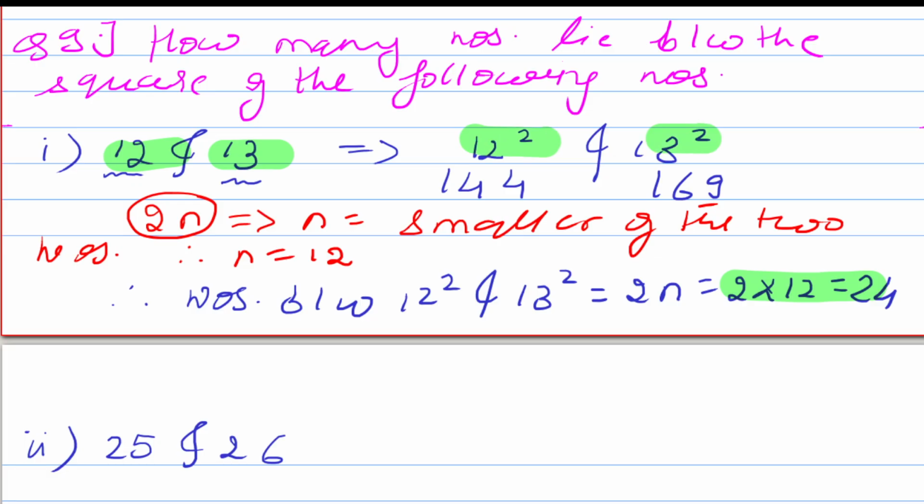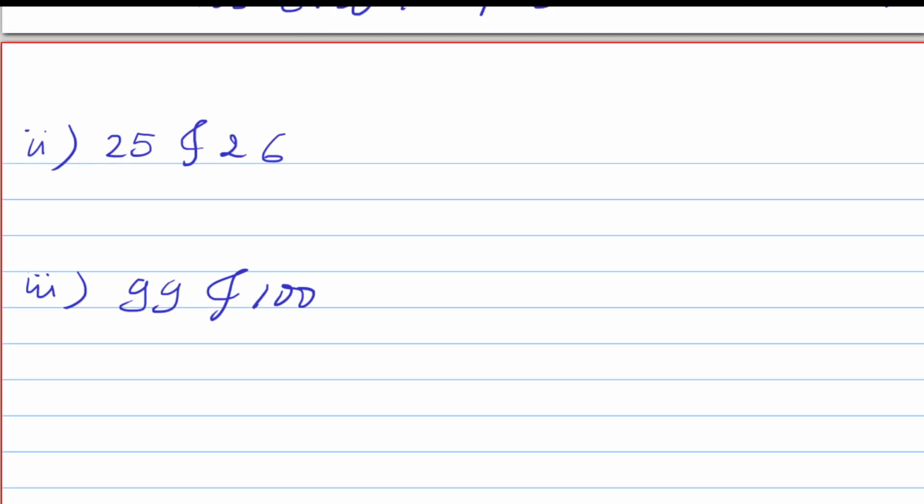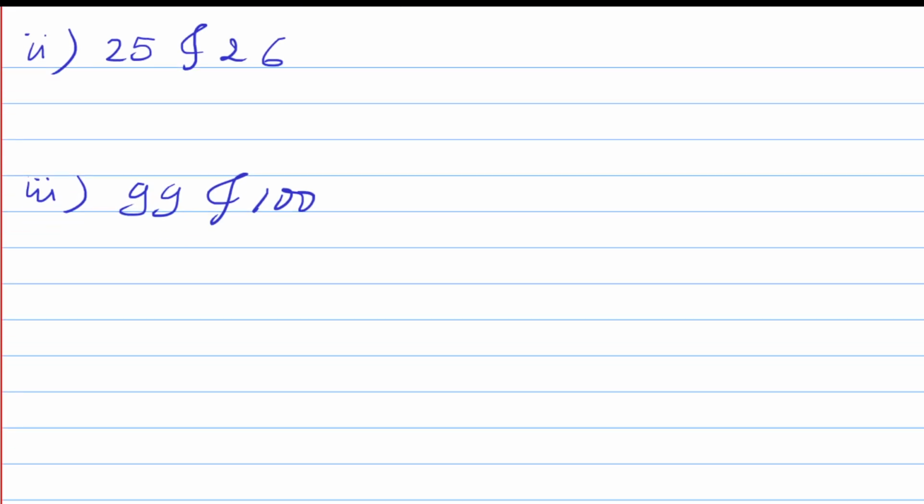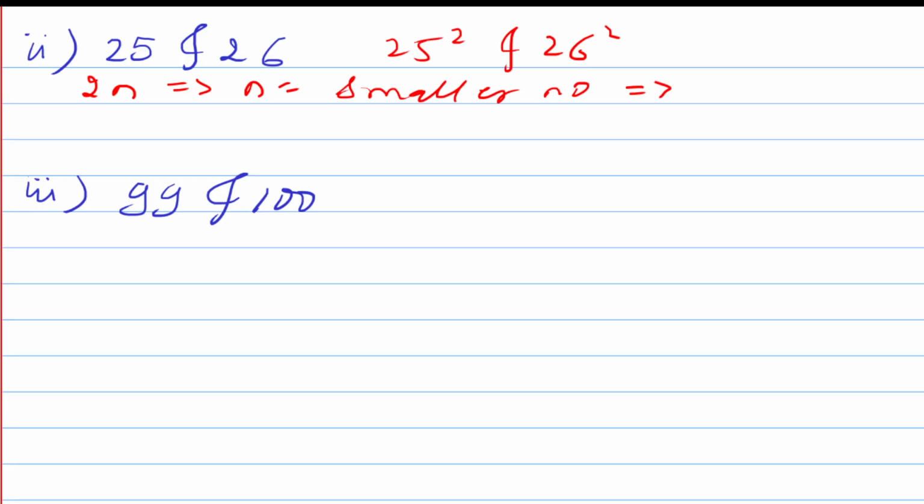Next, in the next question, you have to find numbers between 25 square and 26 square. Okay, so again, we have a formula. What is the formula? 2n, where n is the smaller number. In our case, that is 25.